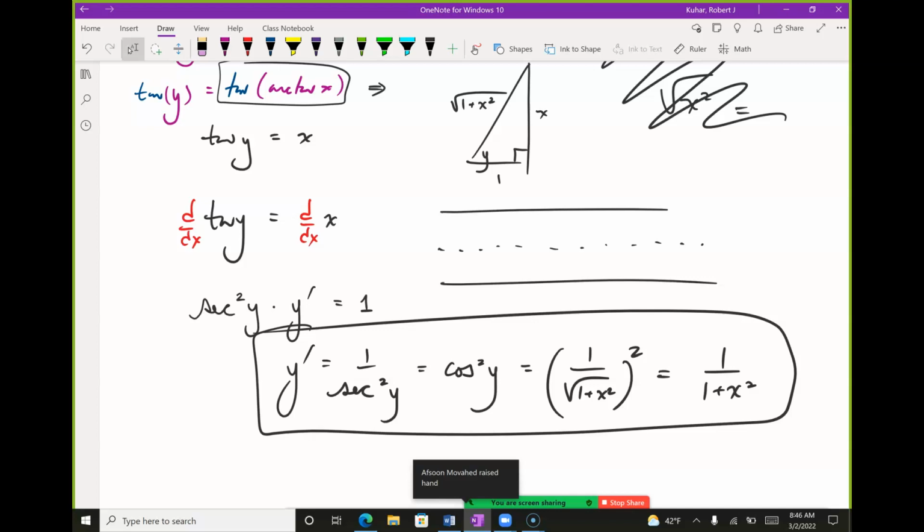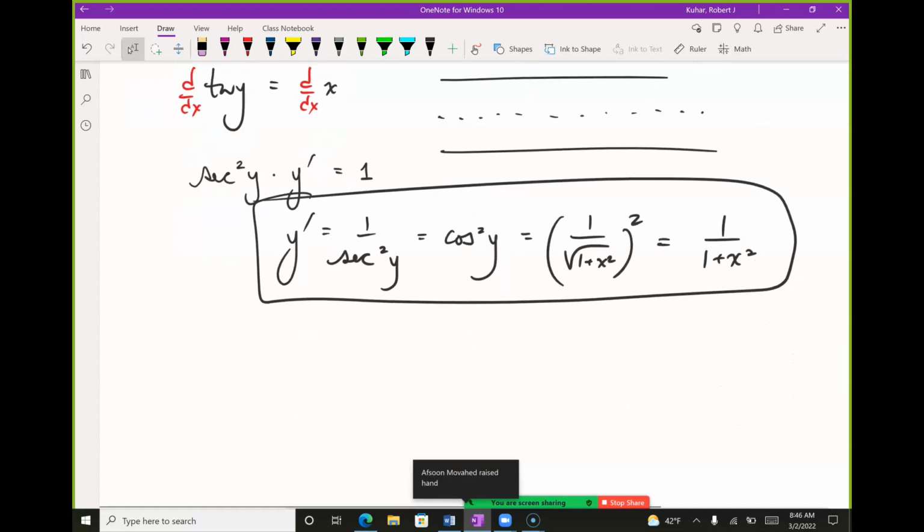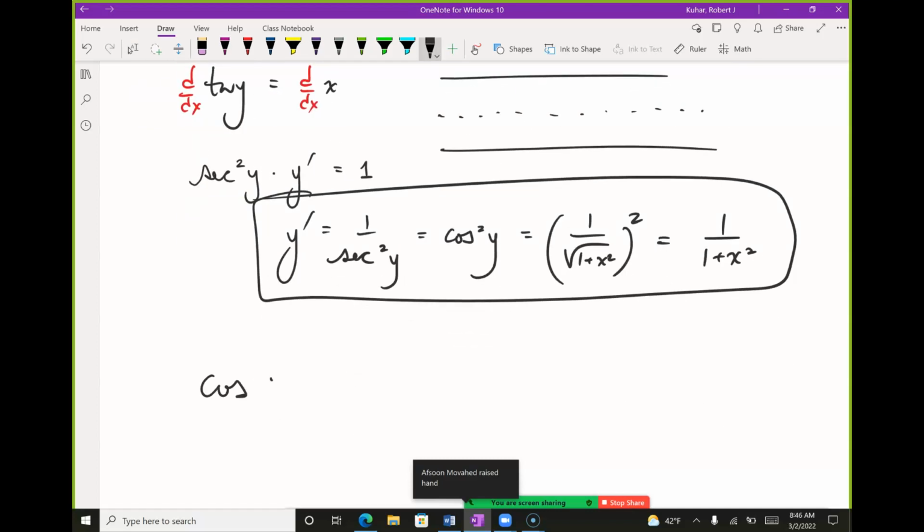So how do you find secant? If you find cosine, you get the reciprocal, and there's your secant. So, for example, cosine of pi over 3 is 1/2, which tells me that secant of pi over 3 is 2. Yes. Soon, question.